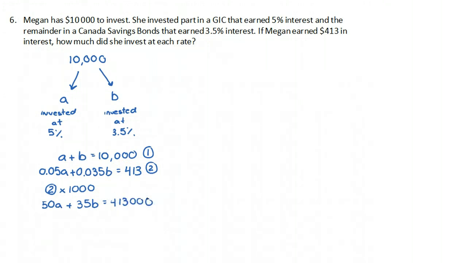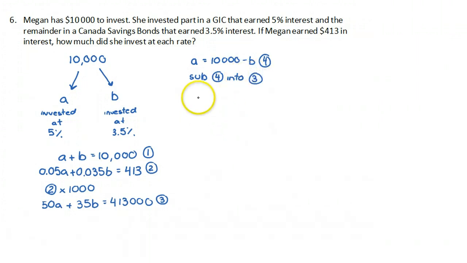There we go. So now I've gotten rid of those decimals, and we're going to call this equation 3. Now I'm going to take equation 1 and rearrange it, and I get A equals 10,000 minus B, and let's call this equation 4. So I'm going to sub 4 into 3.